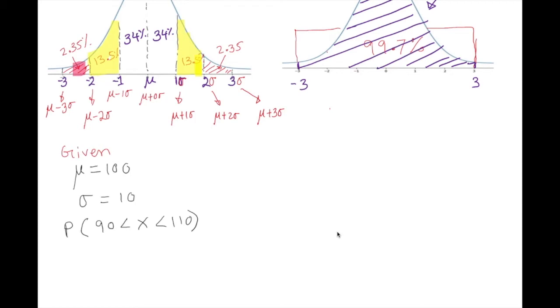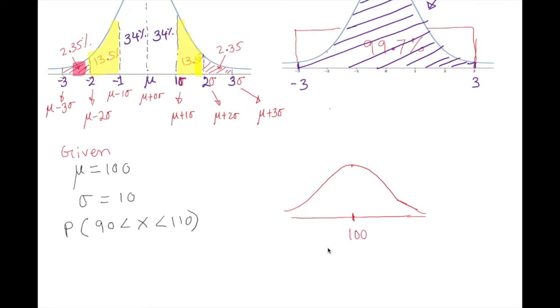First thing we do, we create a normal curve. Right below the figure, we put down the mean, which in this case is 100.